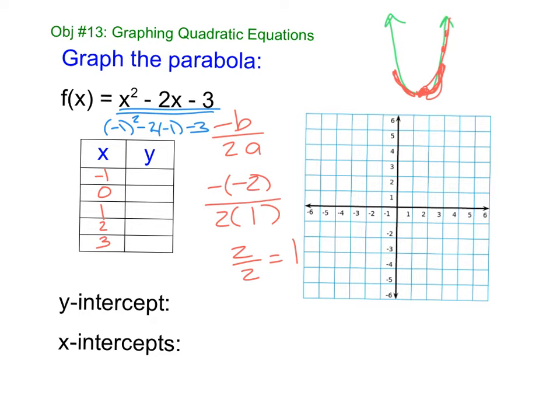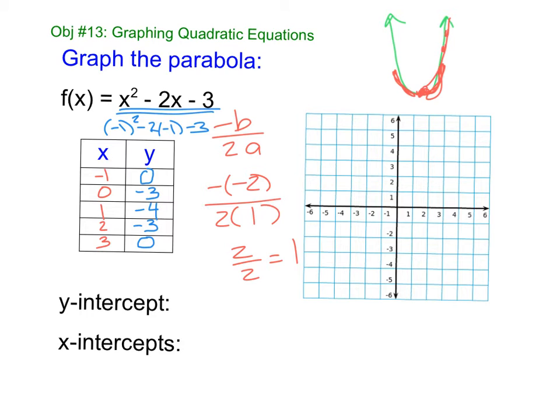So we get 1 plus 2, that's a 0. When we plug in 0, that's the easy one, we get negative 3. Plug in 1, we get negative 4. Plug in 2, we get negative 3 again.